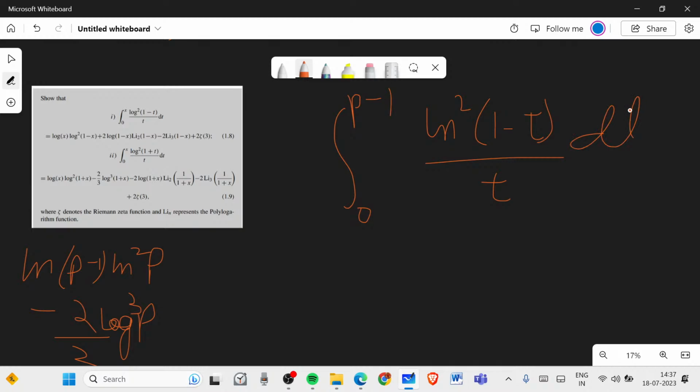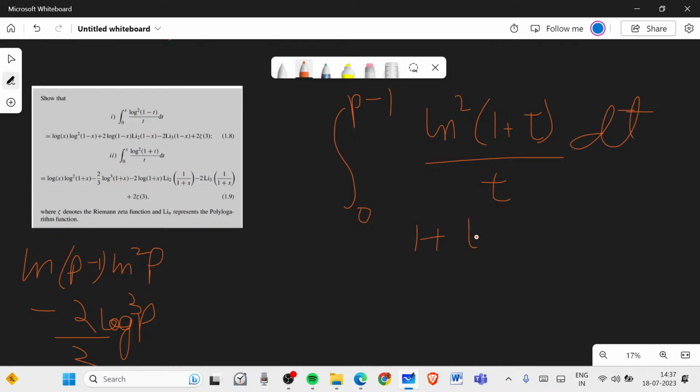So it's 0 to t minus 1, ln square 1 minus t by t dt, 1 plus t.